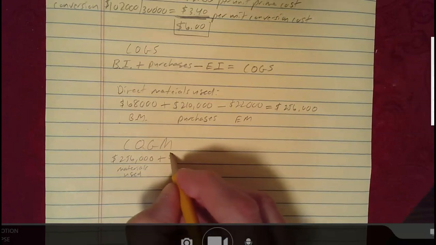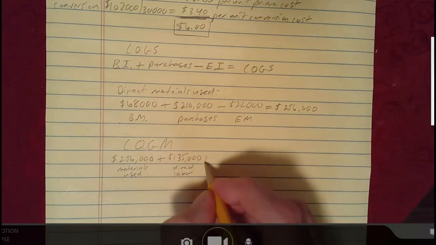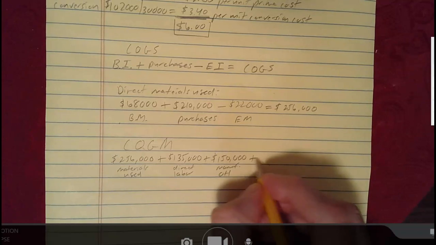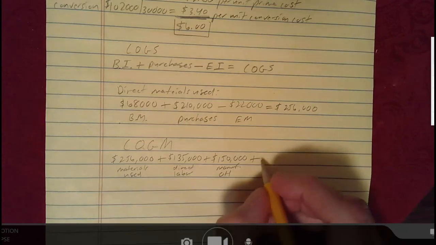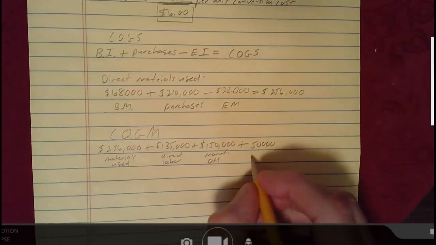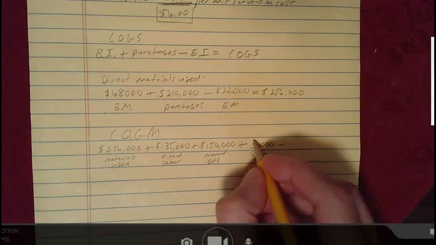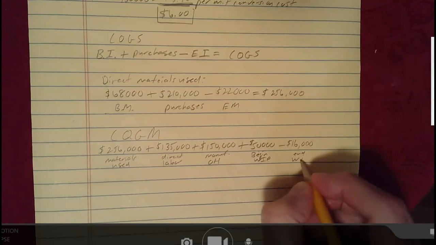Materials used plus $135,000 of direct labor plus $150,000 of manufacturing overhead, I'll abbreviate there, plus beginning work in process of $50,000 and minus ending work in process of $16,000.